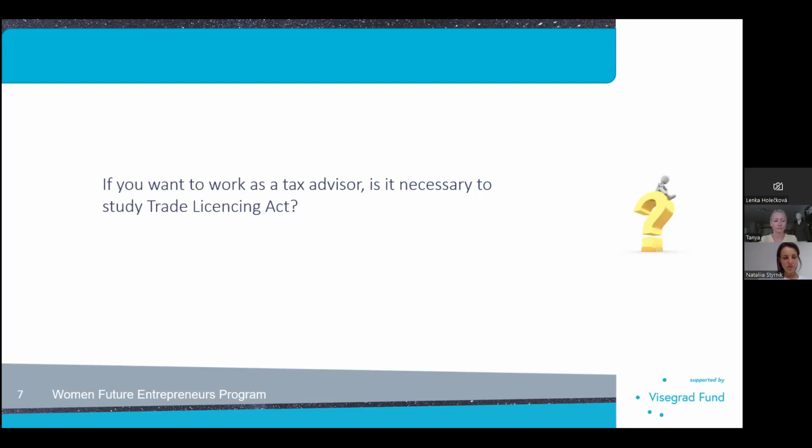So it's necessary to focus on the rules of these chambers that are controlling these professions, but it's fine to know something about the Trade Licensing Act, though it is not included in it because it's a special and relatively complicated job.